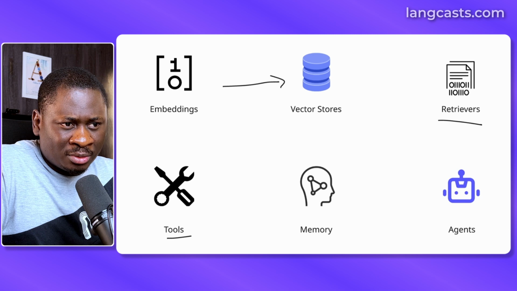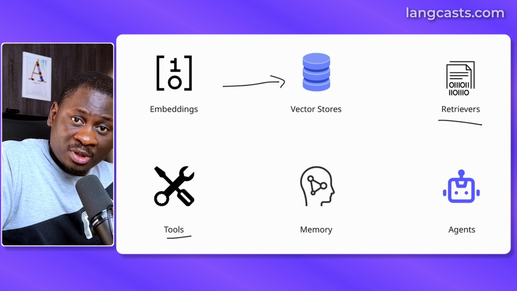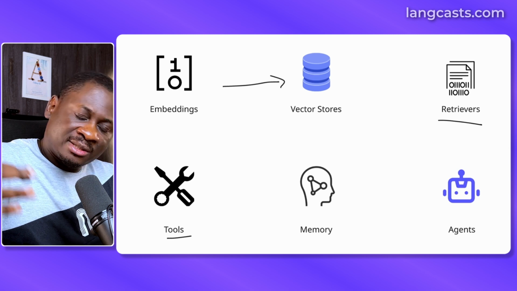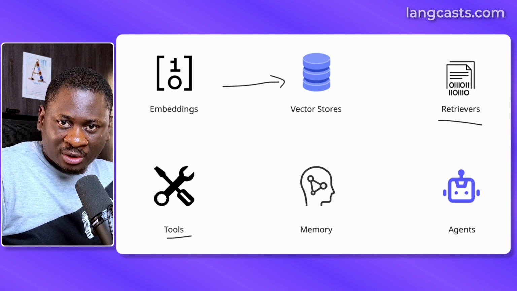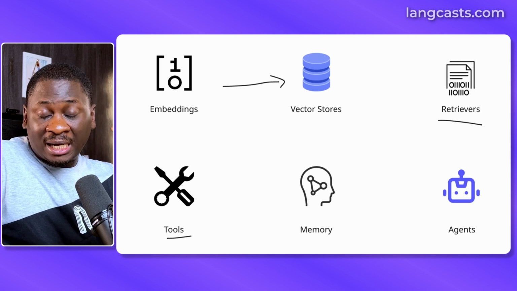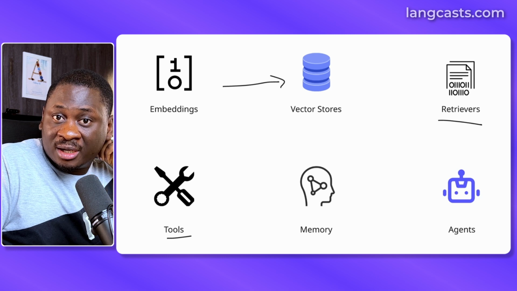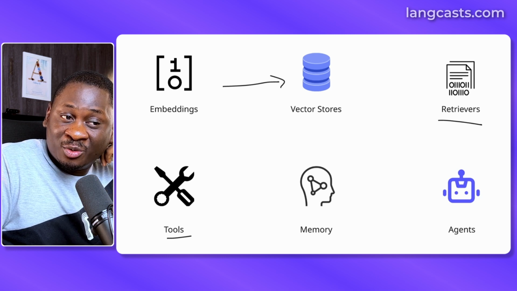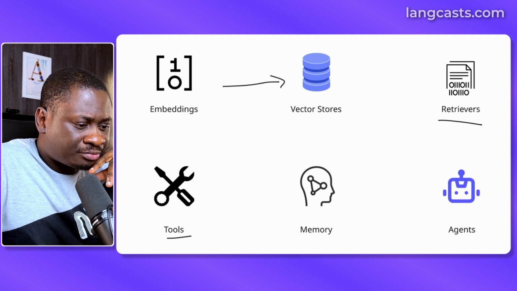They can help you retrieve something like weather data from a weather API or stocks data from a stocks API, and you can either use that information for context within your application or use that function to perform an action like send an email or send a Slack message. Tools are at the core of agents, because agents are basically autonomous systems that can perform real world actions. So tools are a major part of AI agents.